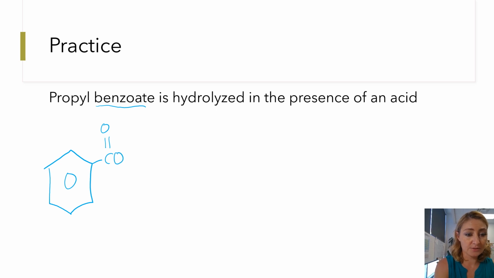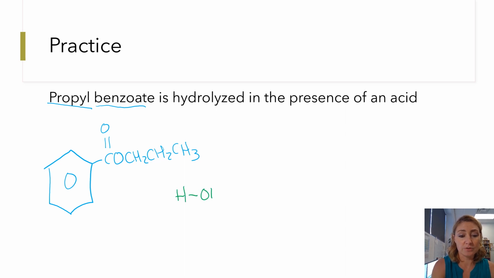So there's our ester, and we know that the alcohol that was involved is a 3-carbon alcohol that formed this ester bond. Propyl is a 3-carbon alkyl group. And I am going to draw my water the same way that we drew it in the last example. And that is hydrolyzed in the presence of an acid.